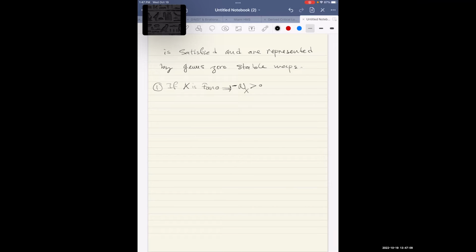So you understand that this is in the Kahler cone. So this inequality is in the Kahler cone, right? So it really means that minus omega of X, if I integrate it against curve classes, is going to be always bigger than zero for all betas.